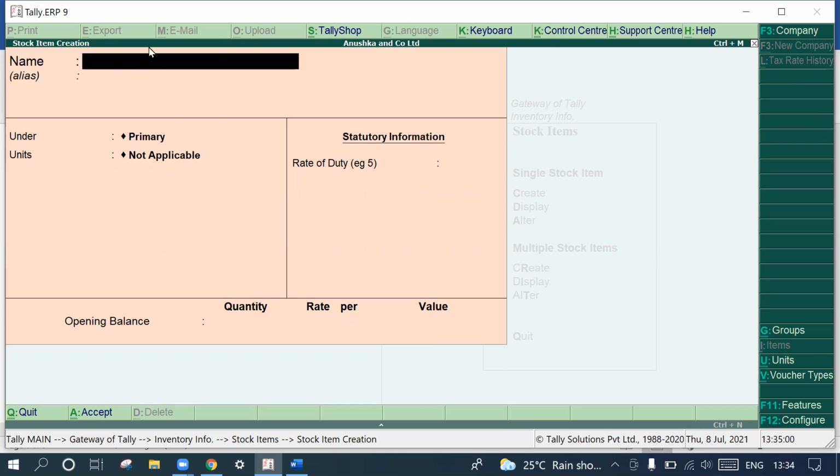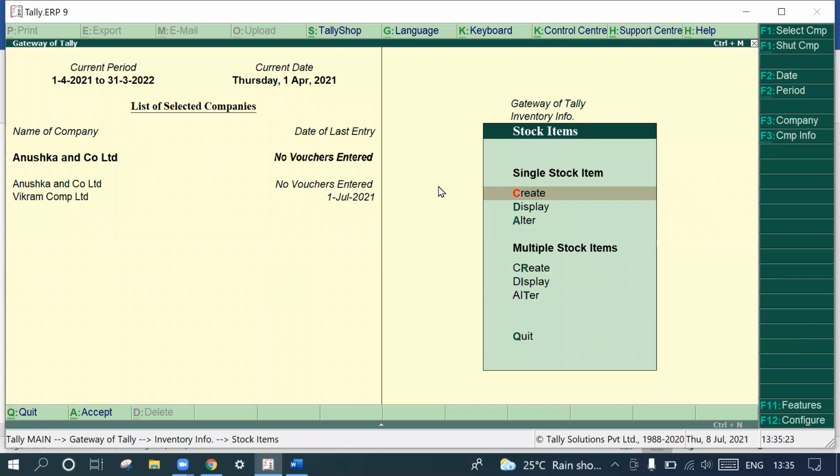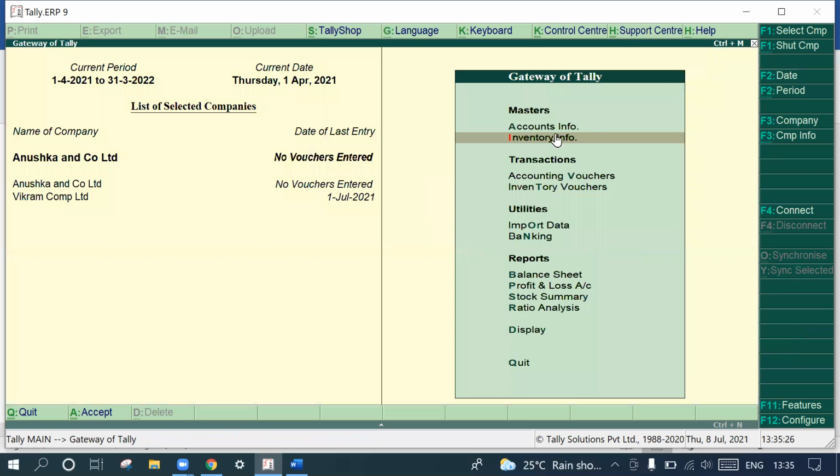The items with which we do the business should be created. That may be sugar, talcum powder, computers, printers, whatever the stock may be, that should be entered and created here. So ledger creation is over, accounting information and inventory information are also over.